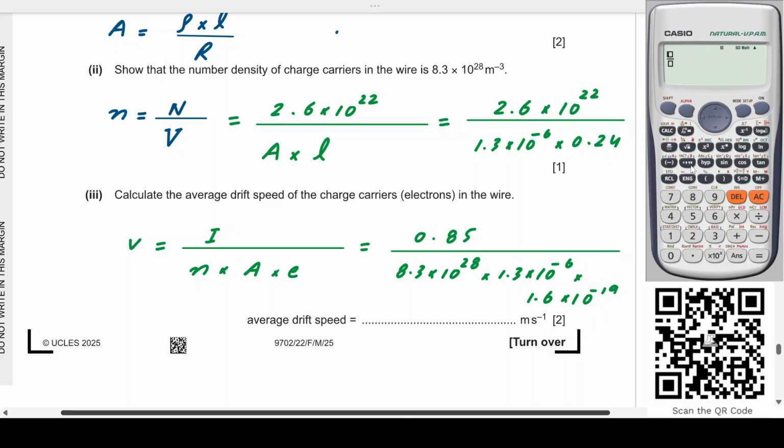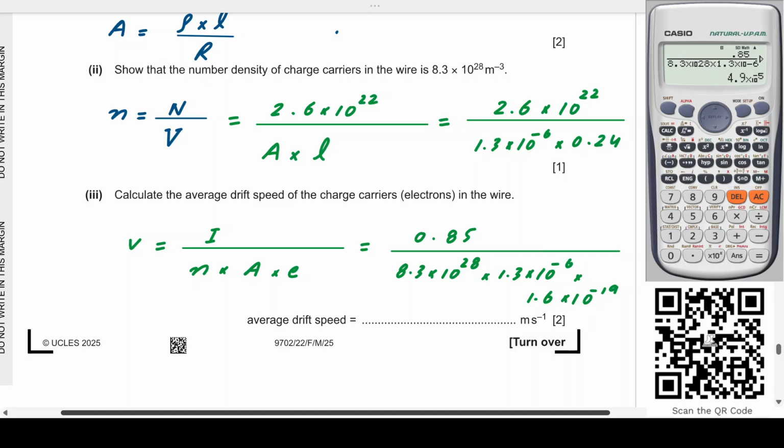Let's do this one on the calculator once again. 0.85 divided by 8.3 exponent 28 multiply by 1.3 exponent minus 6, multiply 1.6 exponent minus 19.